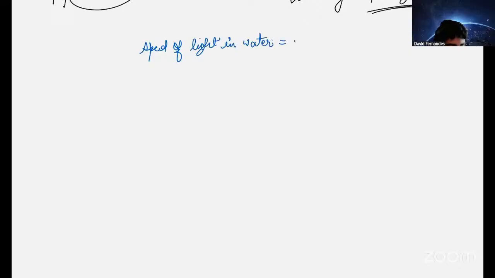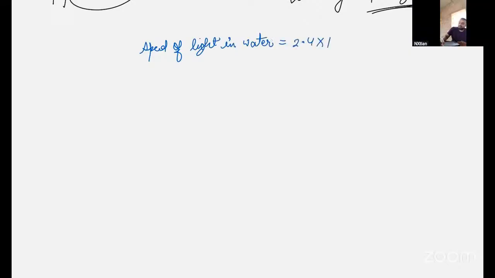Hello, David. Yes, sir. Can you say? First, you have to tell me what is given in the question so that we can write it down in the answer. The speed of light in water is mentioned, 2.4 into 10 to the power 8 meter per second.